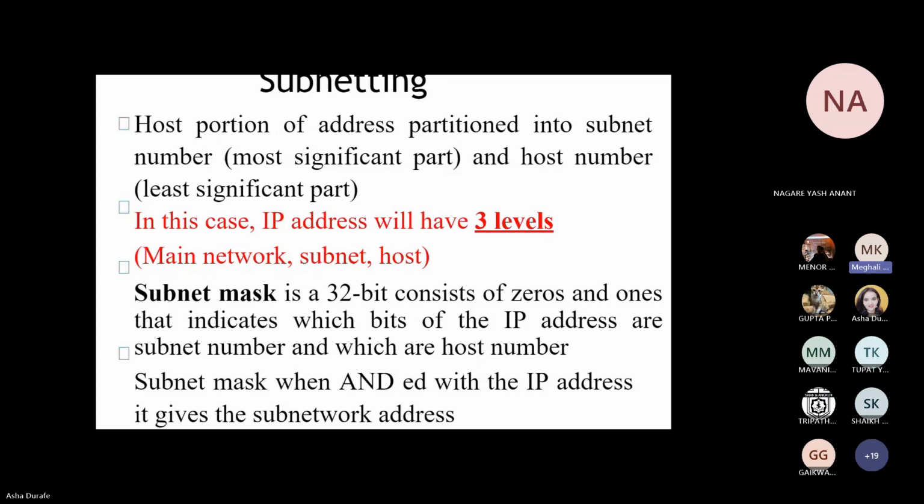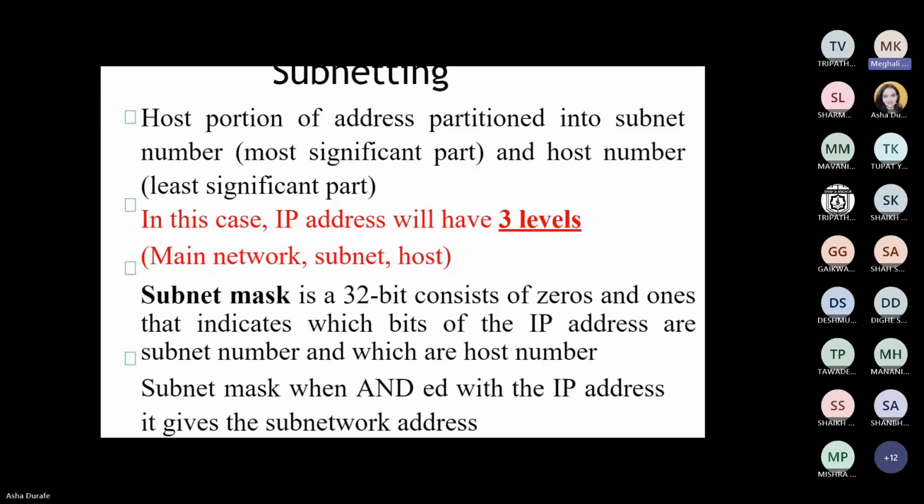Class B, first 2 bytes are for net ID and the remaining 2 bytes are for host ID. So how many hosts can it accommodate? 2 raised to 16. Then class C, first 3 bytes for the net ID and the remaining 1 byte, the single fourth byte, is for the host ID.